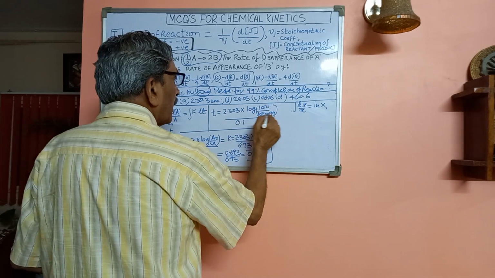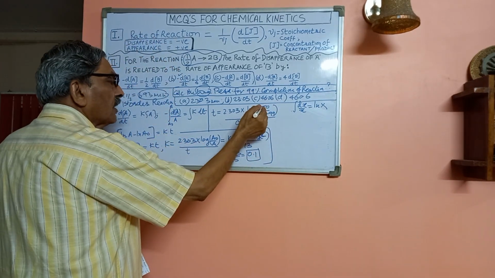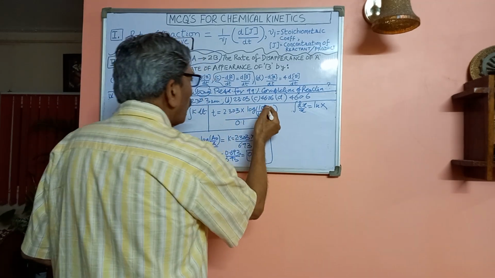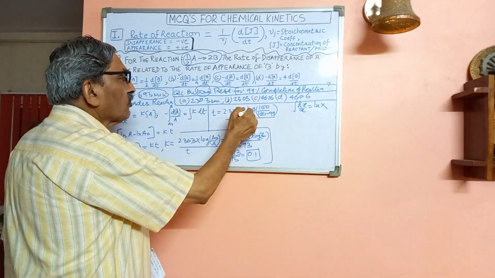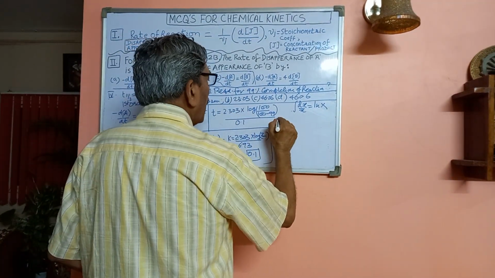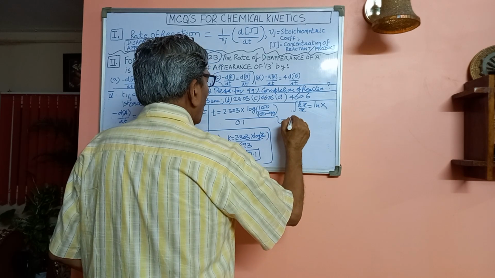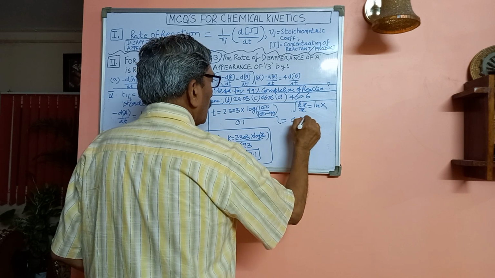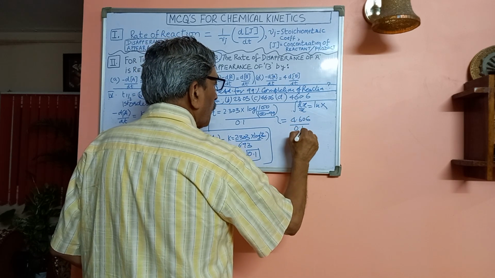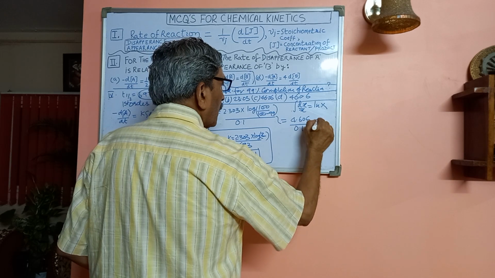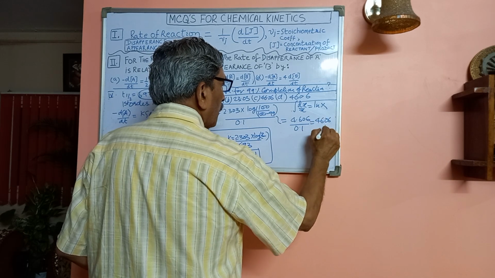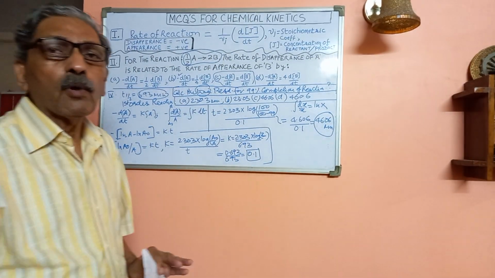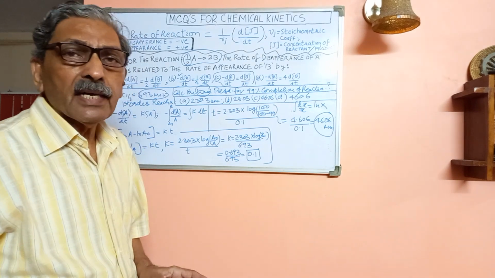Now this is log of 100 by 1, which is 10 to the power 2, so log of that is 2. This is equal to 4.606 divided by 0.1, and so this is nothing but 46.06 minutes.